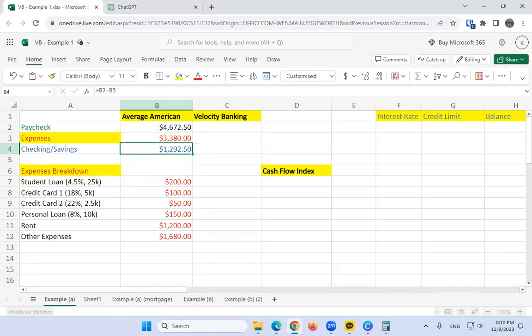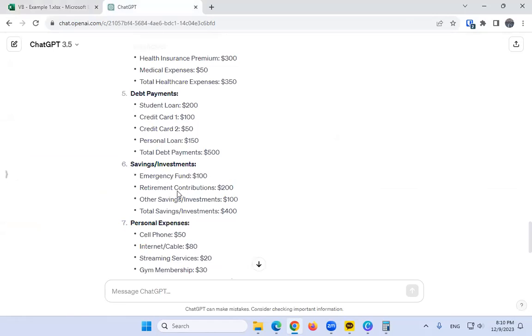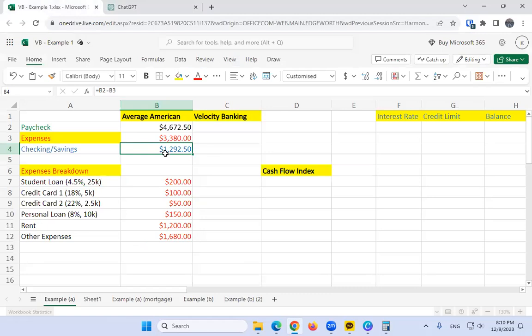And so we have 1200 left over. So that's respectable every single month, right? Almost 1300. So I think this person is in a pretty good position. Again, that's assuming that we just stop doing the retirement and emergency fund and all that, although this savings is pretty much the emergency fund.